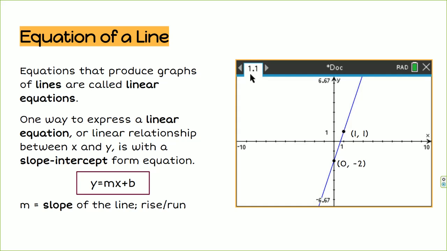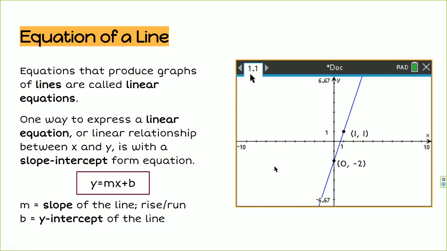Big slope means a steep line, small slope means a shallow line. And we calculate that slope as rise over run. B, which is the constant at the end, is the y-intercept of the line. And the y-intercept is where the line crosses or intercepts the y-axis.